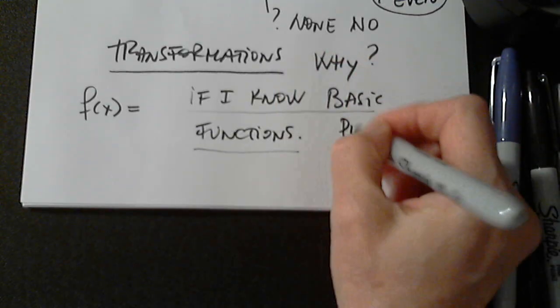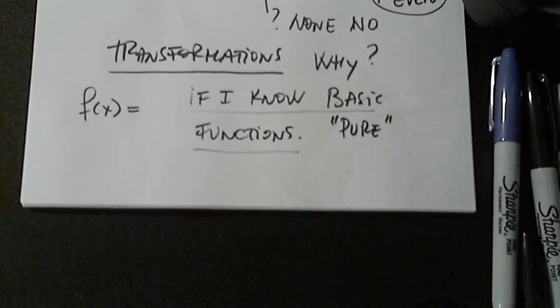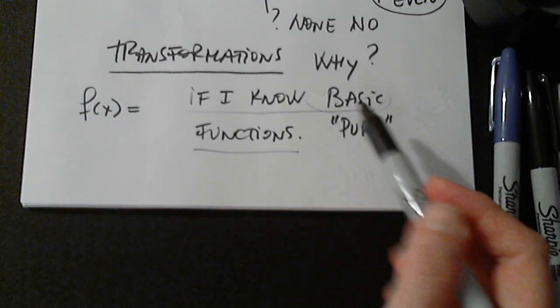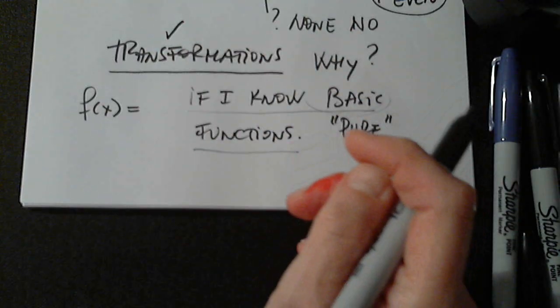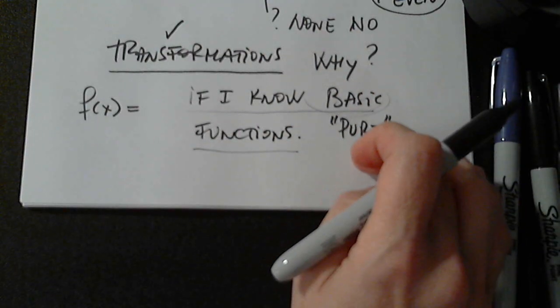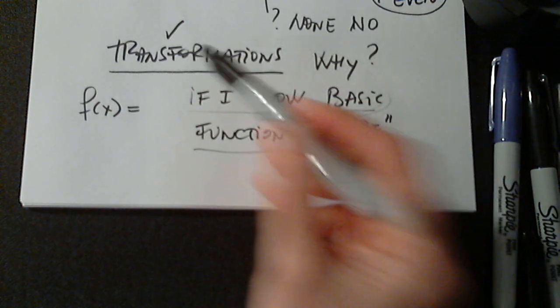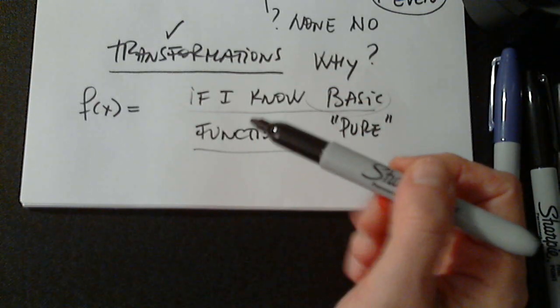Pure. Very simple from each category, the simplest one from each category. So if I know their graphs of all basic functions, then this makes sense. If I don't know the graphs of all basic functions, nobody understands this, and nobody cares about it, and we cannot apply it.